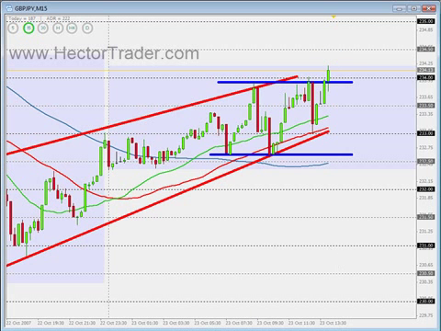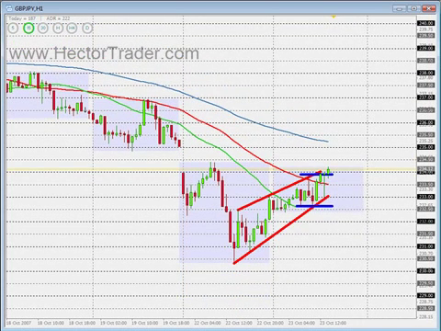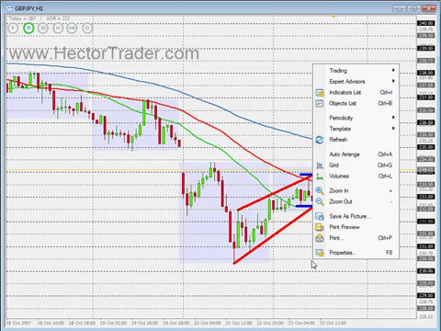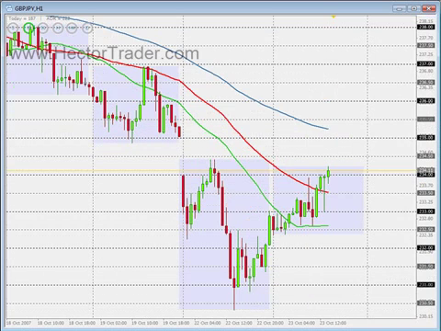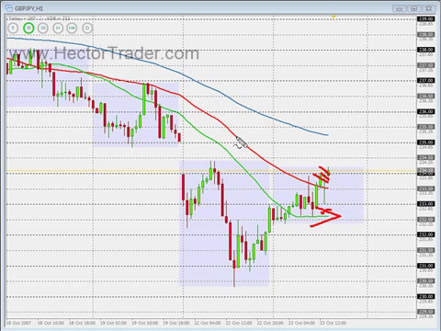Moreover, if we go back into the hourly time frame, which is my setup chart, let me clean up the chart a little bit, we can clearly see that the 30 moving average is flattening. It's pointing sideways. We are beginning to get a number of crosses above the 50, which is another no-go as far as my system is concerned.